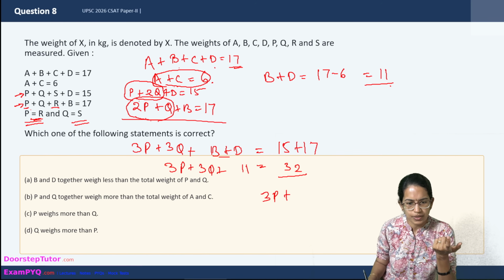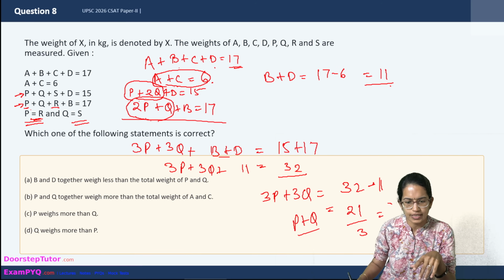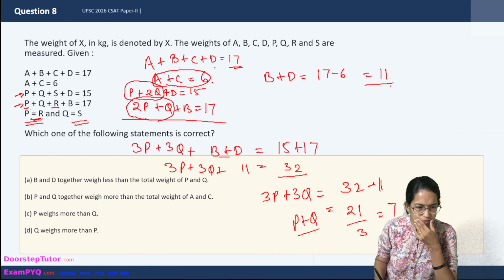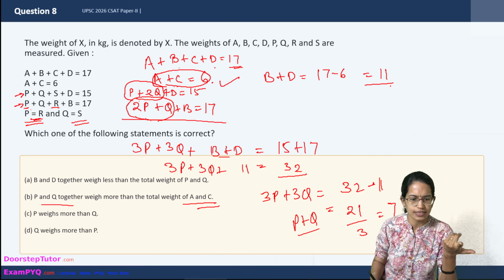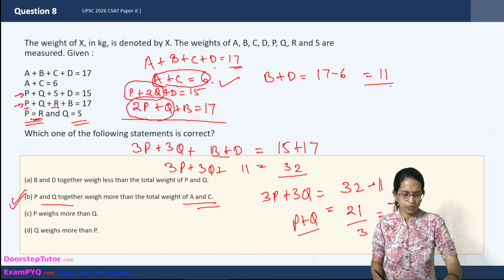So 3P plus 3Q is equal to 32 minus 11. So that makes it 21, and P plus Q would be 21 by 3, that is 7. Now, which of the following is correct? So P plus Q is 7, which is more than A plus C. A plus C was 6. That's correct. So B is correct. I hope that was clear.